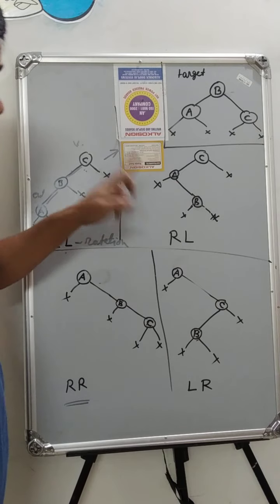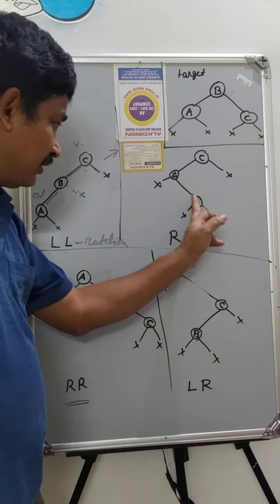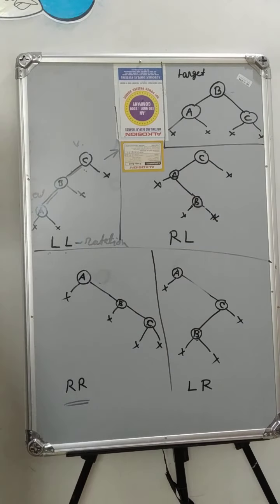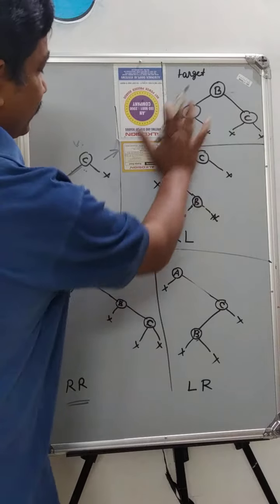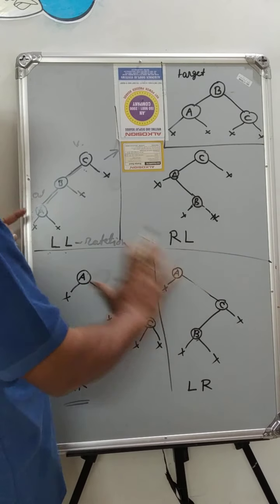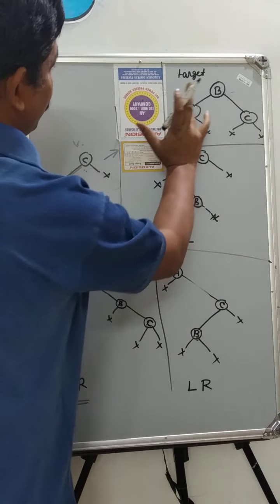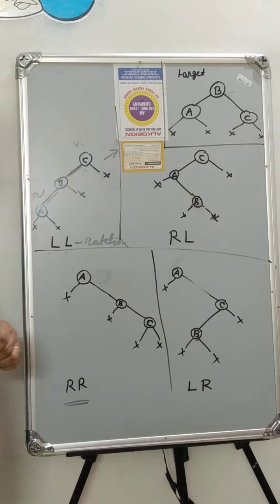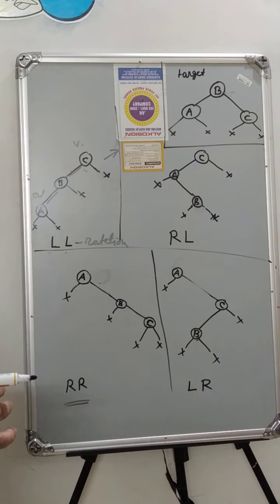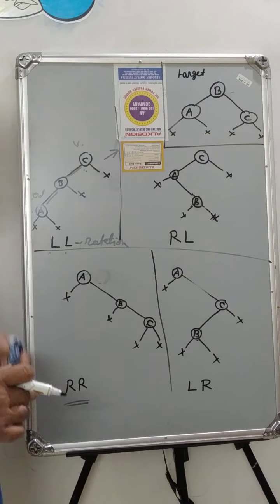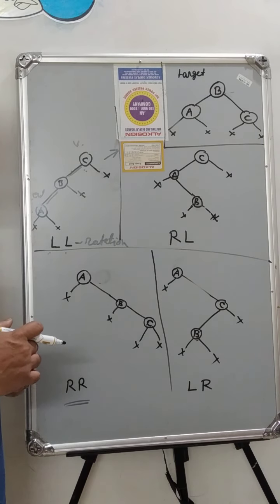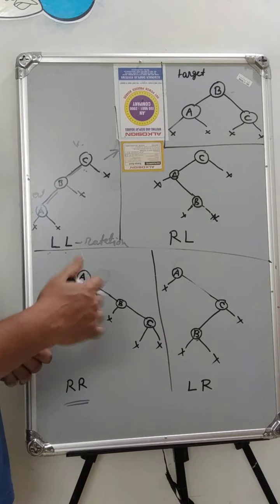But practically this is the RL rotation, because it is the right side of the left side of the victim node. So these 4 different situations may arise, and our target is to move from this one to this. So these 4 rotations will be needed. We will discuss these 4 different operations separately in the next video.